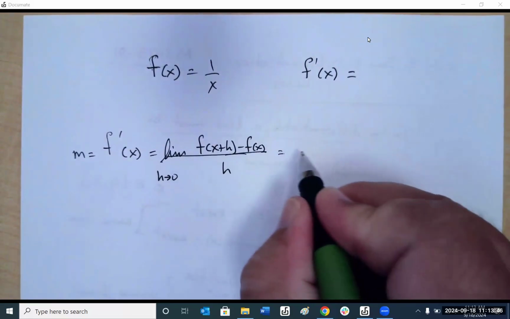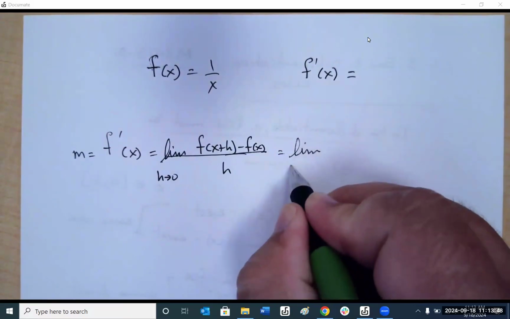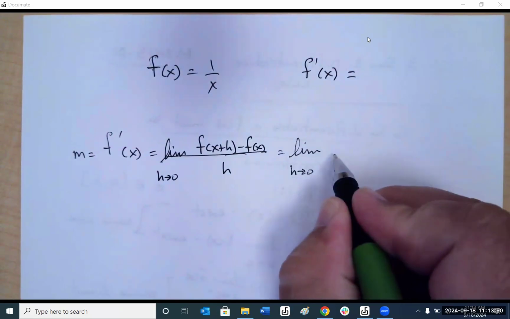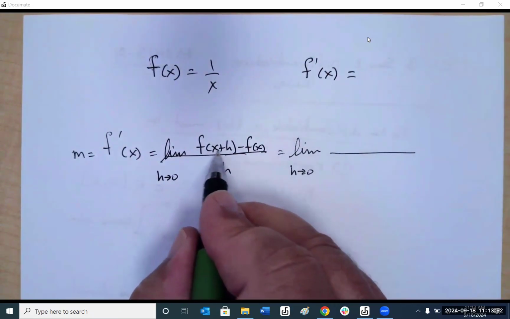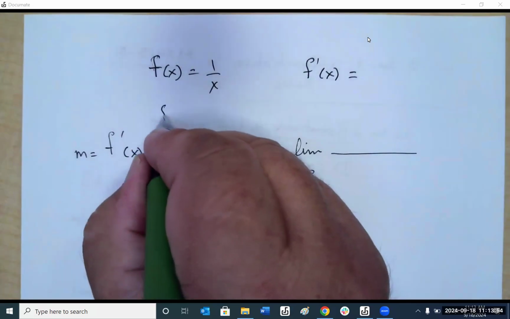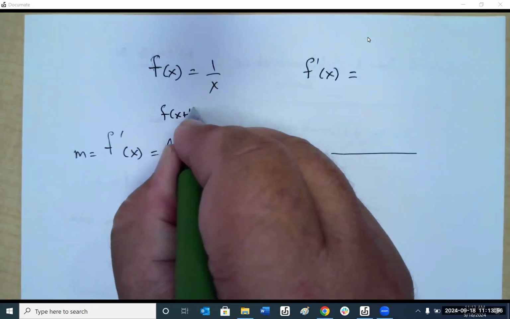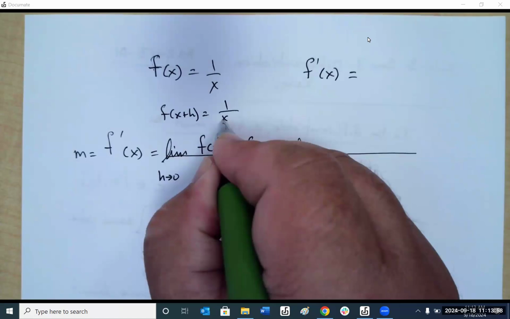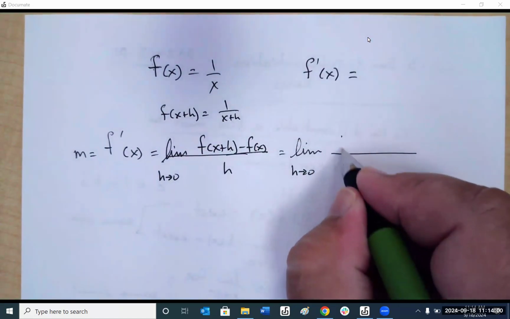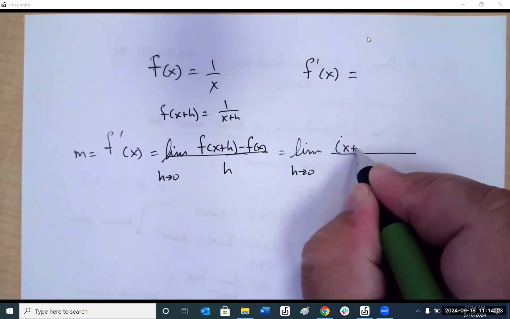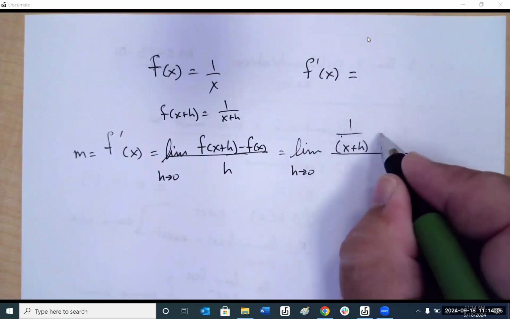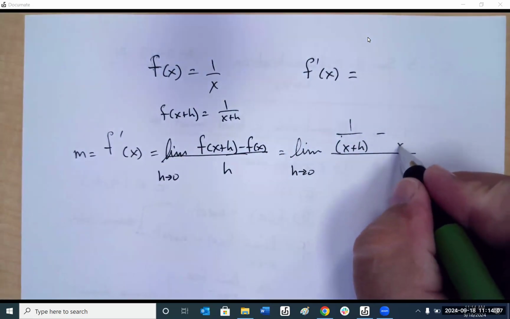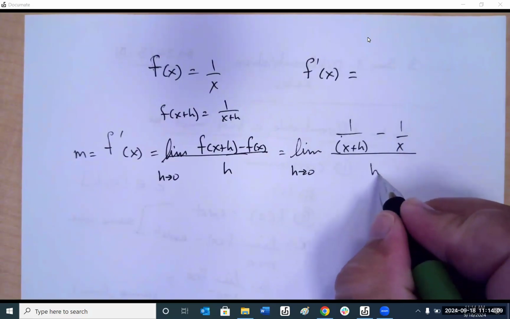So to use this formula, what is f of x plus h? Right, so it's 1 over x plus h minus the original function over h.